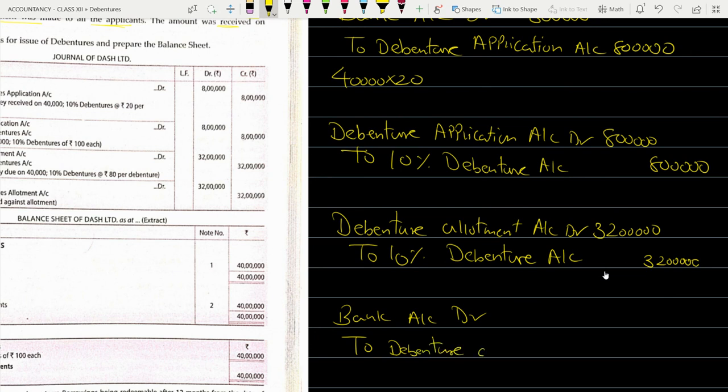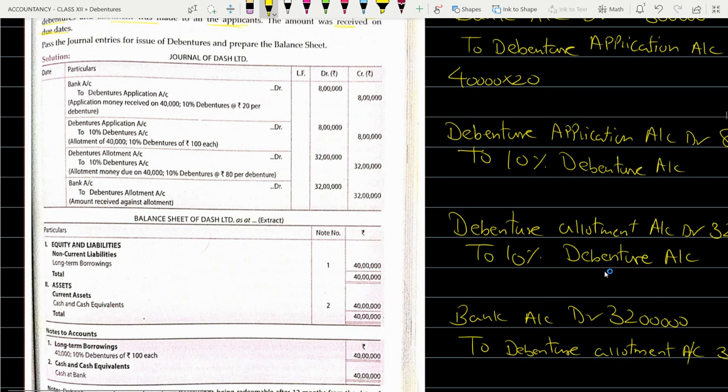So bank account debited to debenture allotment account, and here the amount is going to be 32 lakhs. Please do not forget to record the entries with date and the entries with narration. In this case, it is exempted. That's not an issue.